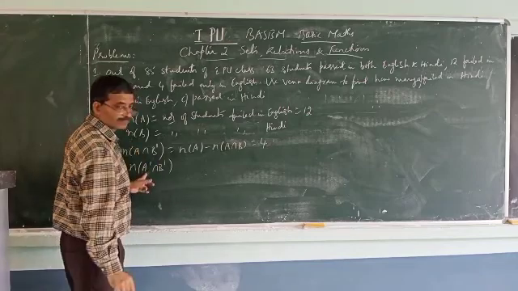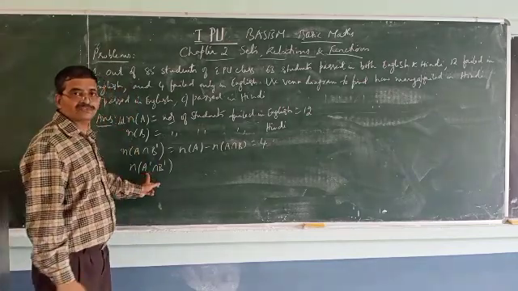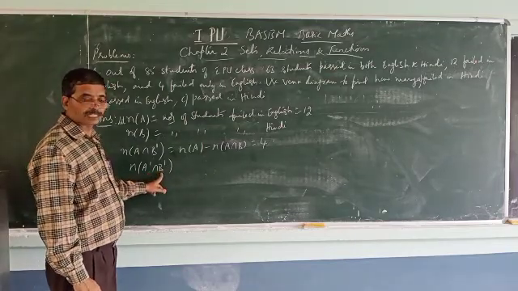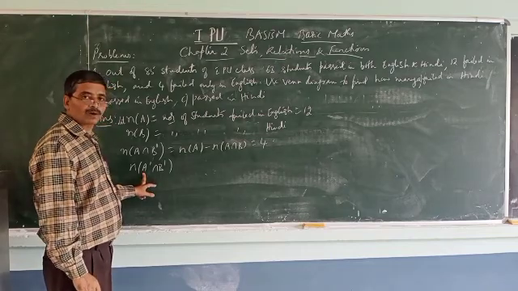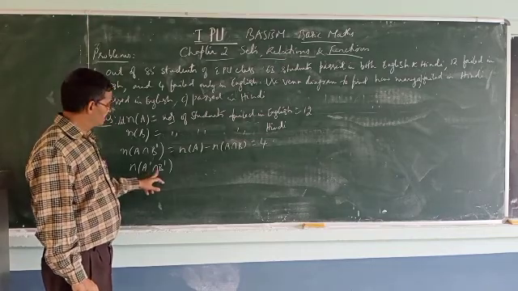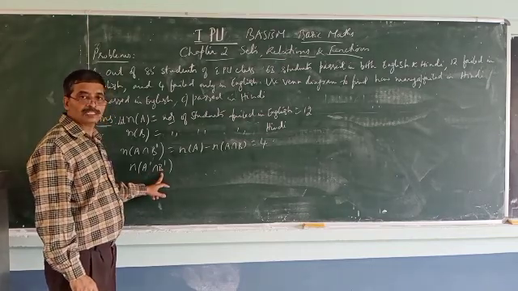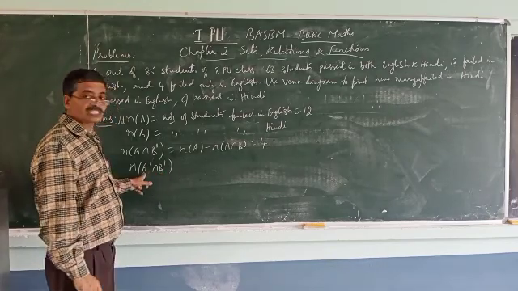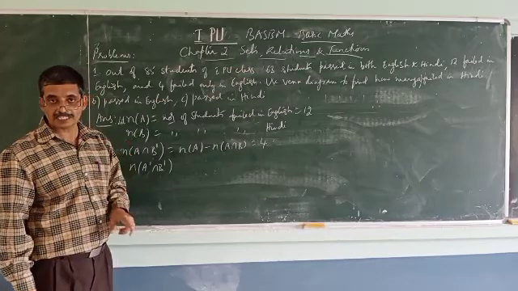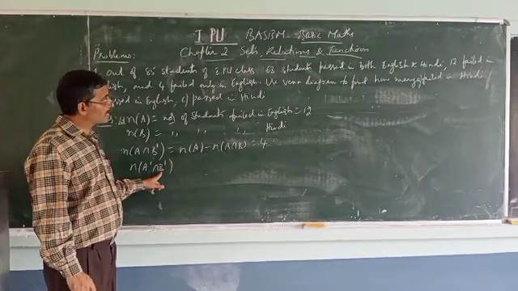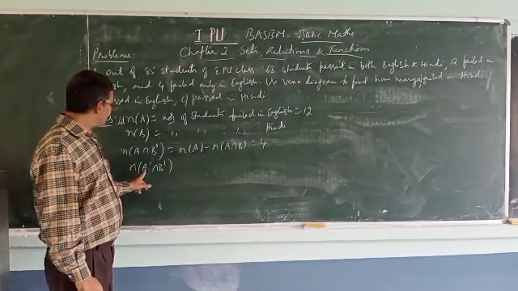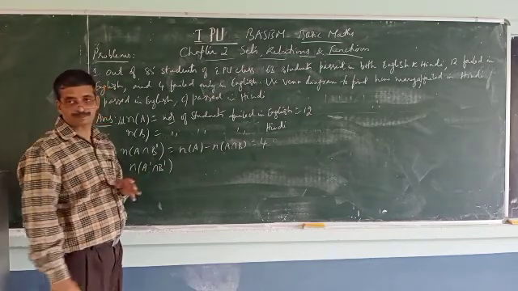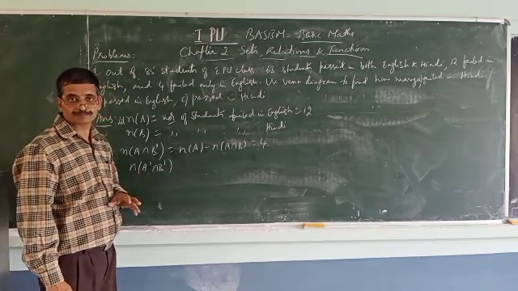What is A dash? A stands for failed in English, B stands for failed in Hindi. A dash stands for passed in English, B dash stands for passed in Hindi. So A dash intersection B dash means they have passed in both.